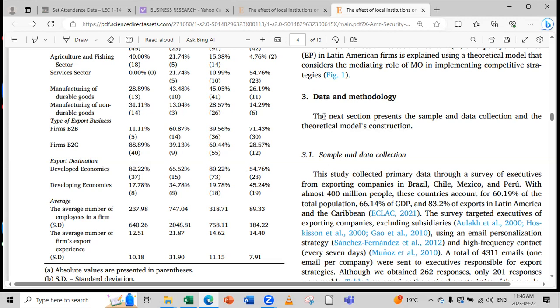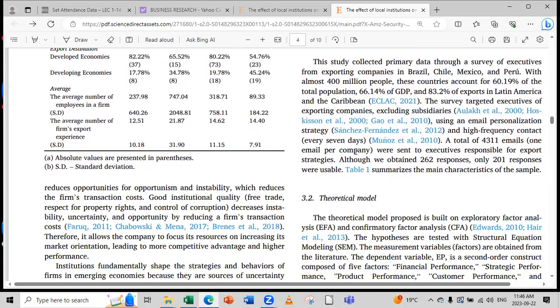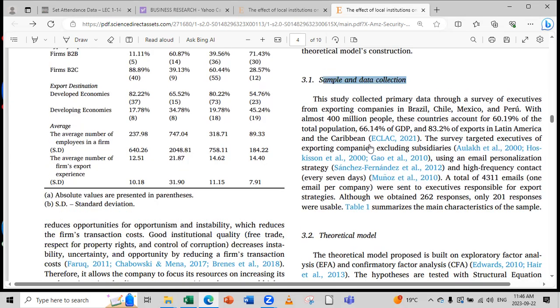Okay, data and the methodology, sample data and data collection. Here, he will talk about how he will collect the data. We usually have two types of data, like I told you before: primary data and secondary data. Secondary data is in the books, the magazines, the periodicals, all this.